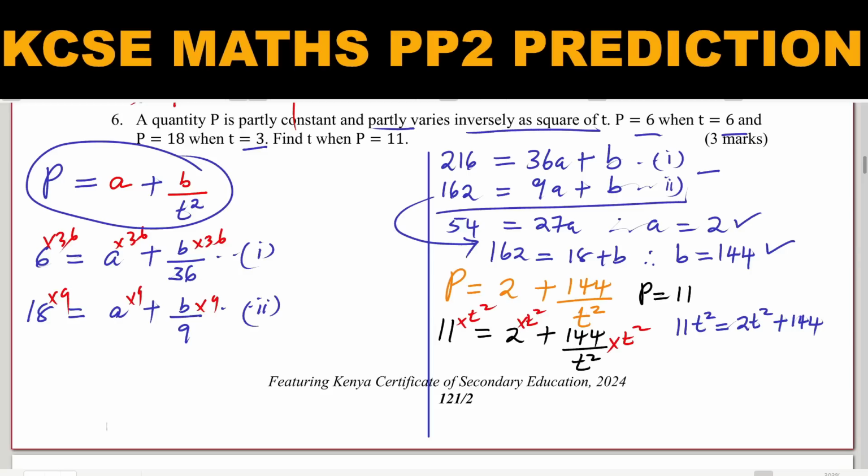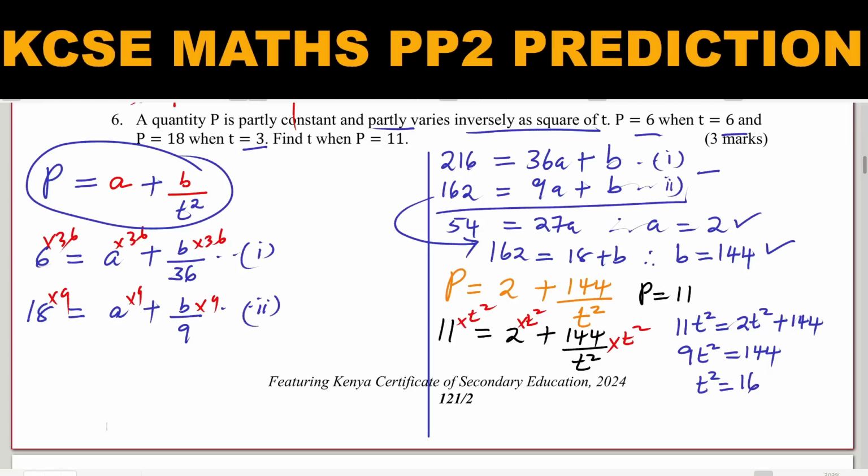Like that. So take t squared on the same side, you have 9 t squared, because 11 minus 2 is equals to 144. So t squared is equals to 144 divided by 9. You get that as 16.